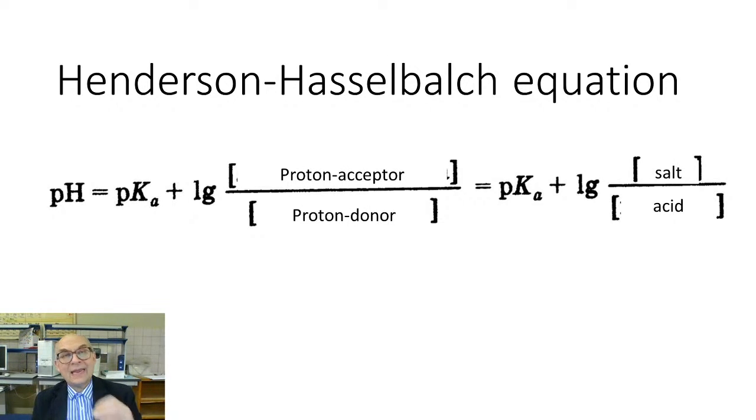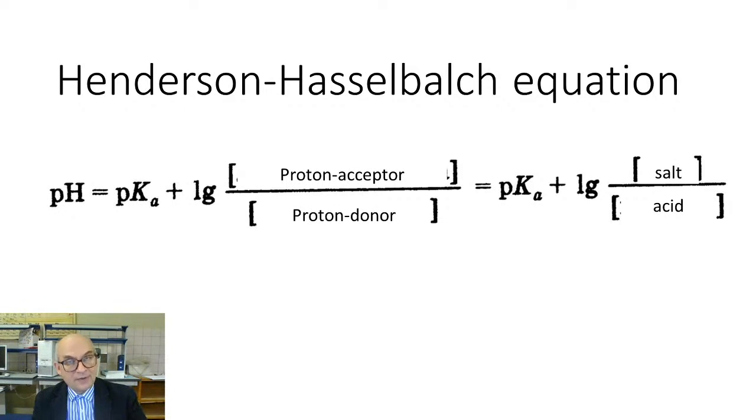After that, we can rewrite this formula for H concentration, and after that, let's take the negative of the logarithm. The negative of the logarithm of the proton concentration results in the pH value.